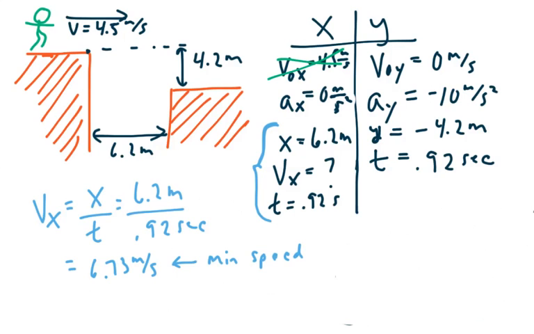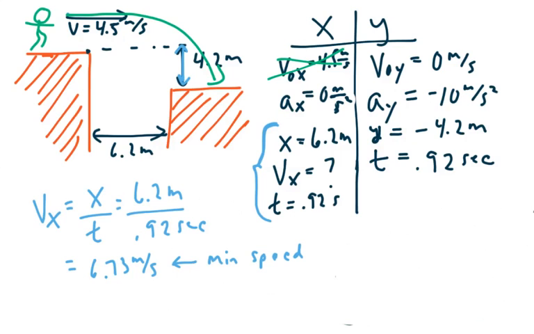Anything beyond that, he'll still spend 0.92 seconds falling this distance of 4.2 meters, independent of how fast he's moving horizontally. But anything beyond 6.73 meters per second is going to allow him to project himself out further during that 0.92 seconds that he falls.